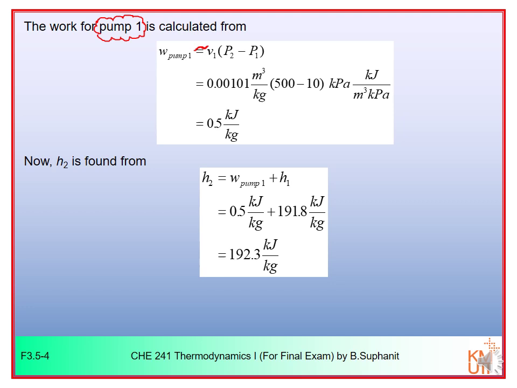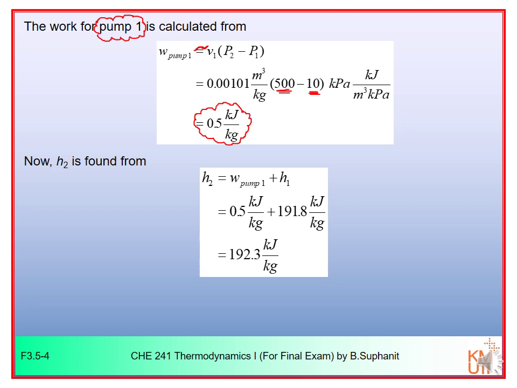In the first pump, we increase the pressure from 10 kilopascal, the low pressure value, to 500 kilopascal, which is the intermediate pressure value. So the work required for the first pump would be just 0.5 kilojoule per kilogram, a very small value.